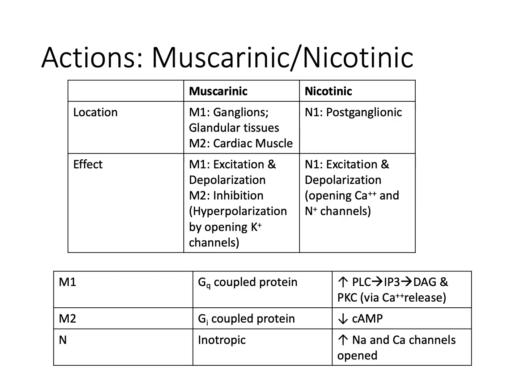The M2 receptors are going to be primarily inhibitory. They're going to be inhibitory by causing excessive opening of potassium channels, leading to hyperpolarizations. Whereas the nicotinic receptors are going to be predominantly excitations, and they're going to be excitations via opening of calcium or opening of sodium channels.